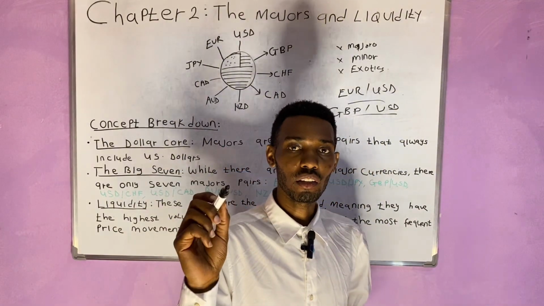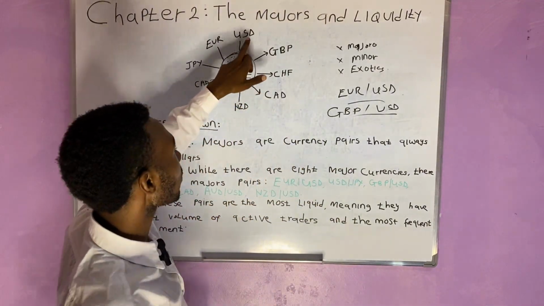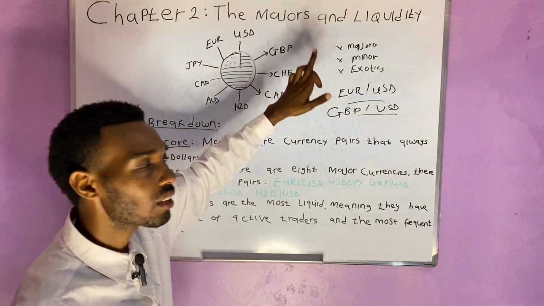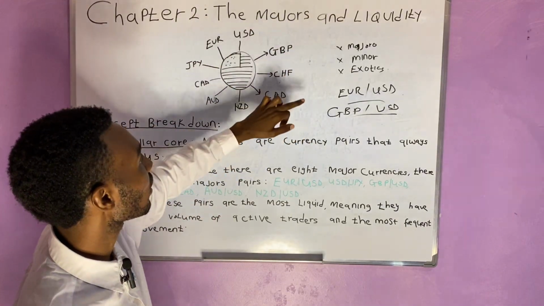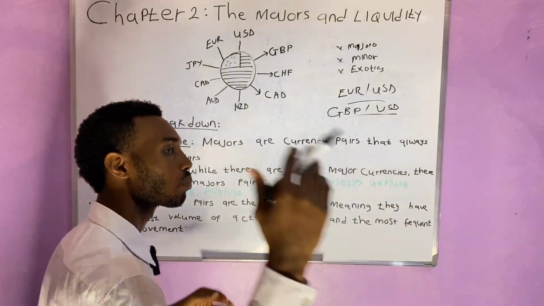Now, the major currencies, beginning with the first one, this is the euro. These are the eight major currencies that are being grouped into pairs.